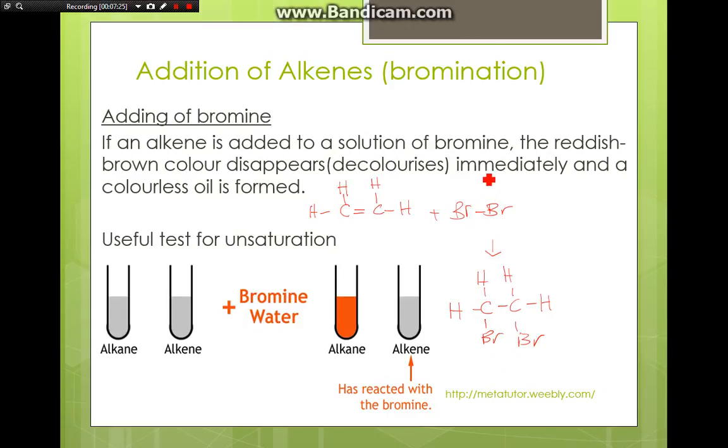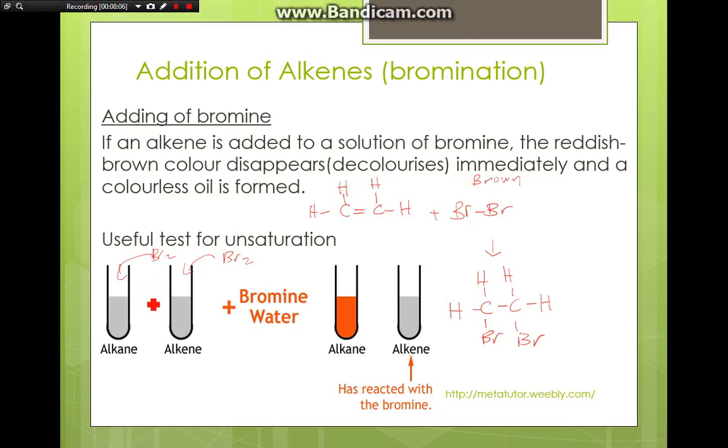So the brown color of the solution is due to the Br2 molecules. Once that's broken up and used up, we will have a colorless solution or colorless mixture. One way we can use it in a lab to test, maybe we have two test tubes of unknown solutions. One is alkane and one is alkene. And then we add bromine solution, which is brown, to both test tubes.